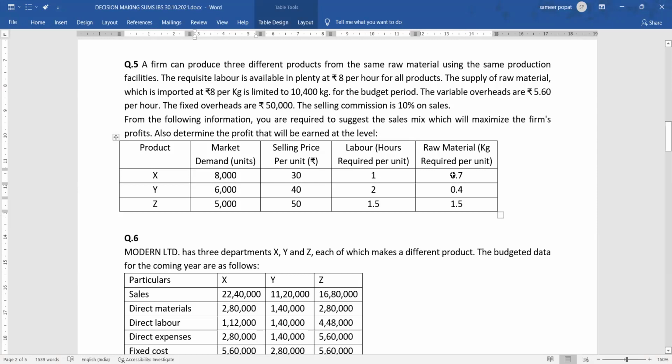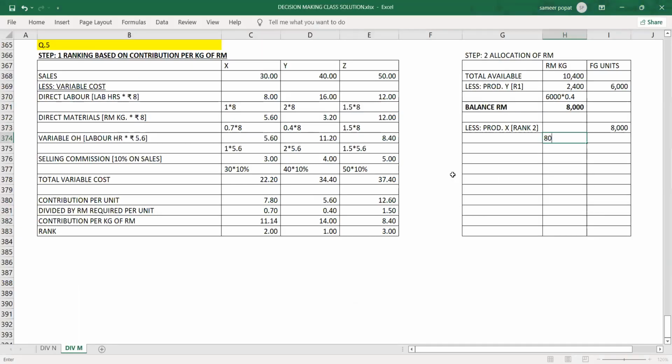Okay, so let us manufacture 8,000 units. So each unit will consume 0.7. So in total, we are going to use 5,600 kgs to manufacture product X. Now we'll get balance after product X will be only 2,400 kgs.